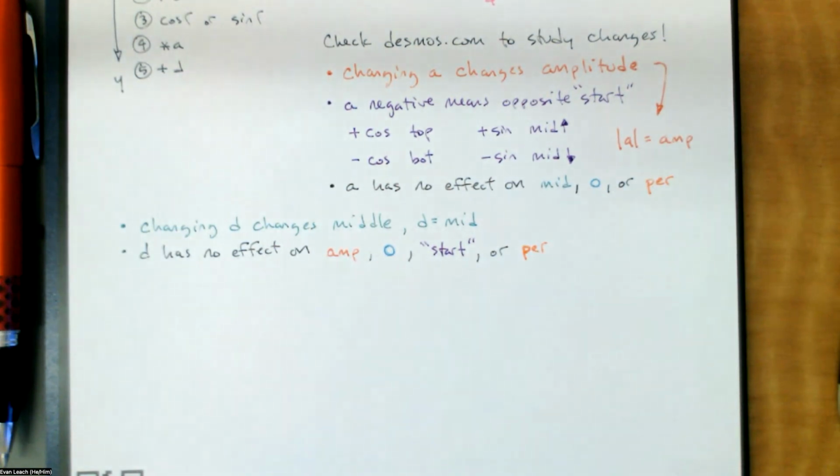The value of D did not have an effect on the amplitude. That's A's job. It didn't have an effect on the zero at the start, the starting point itself, or the period. D is about the middle.